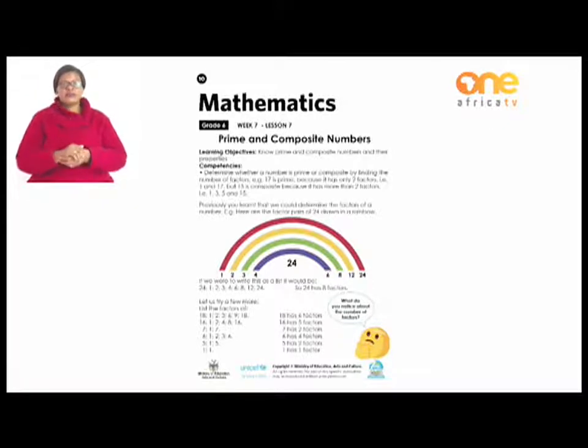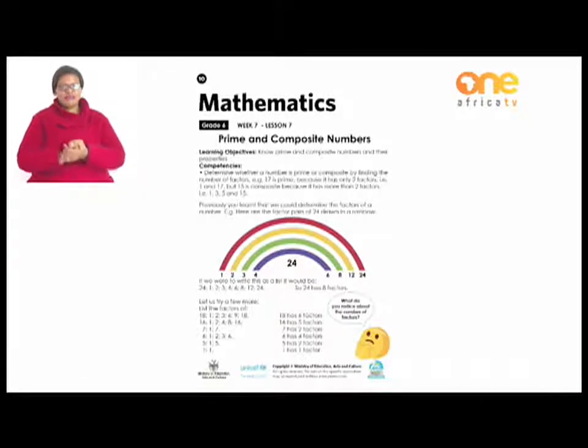And then we have 6, which has factors of 1, 2, 3, and 6, a total of 4 factors. And then we have 5, which, just like 7, only has 1 and 5 as factors, so only 2 factors. And lastly, we have 1, which is probably the most unique number, and it only has 1 factor.